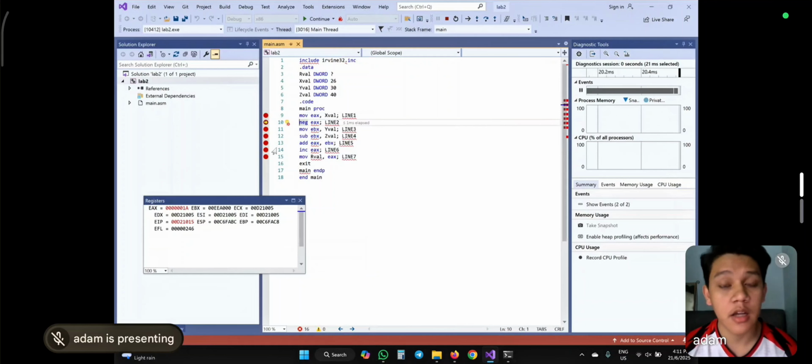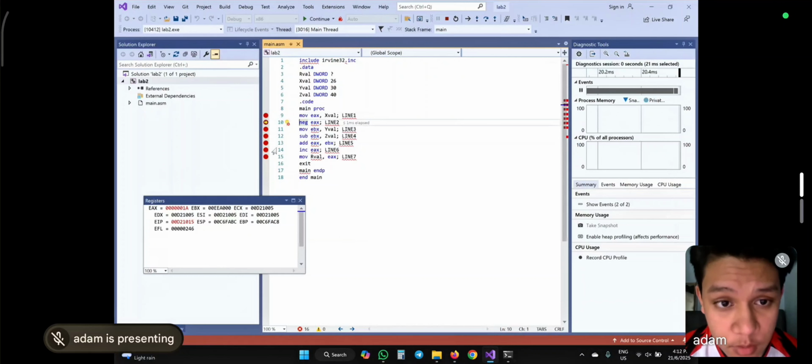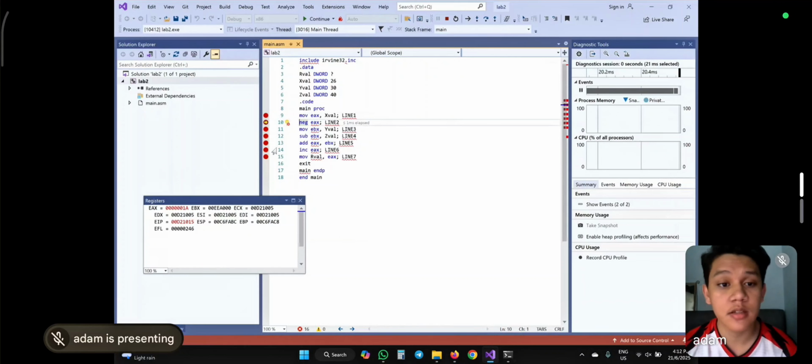The value of register EAX changed into 0000001A in hexadecimal. Why did this happen? Because in line 1, we are moving the value of xval, which is 26D, into the register EAX. 26D in hexadecimal is 0000001A. Therefore, that's why register EAX value is that.